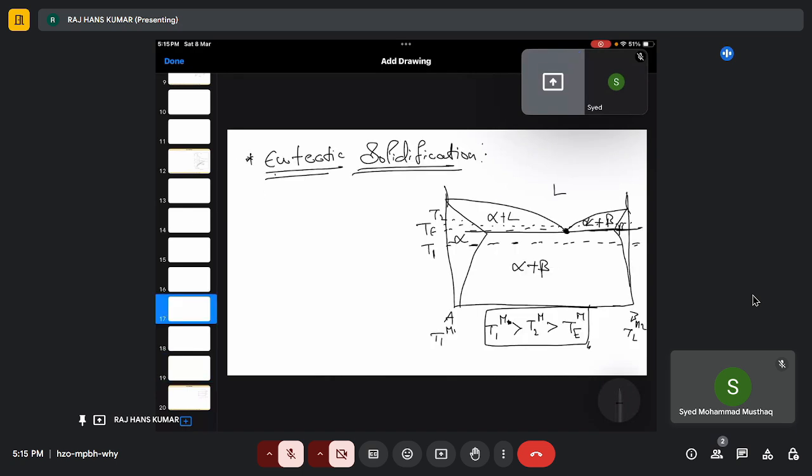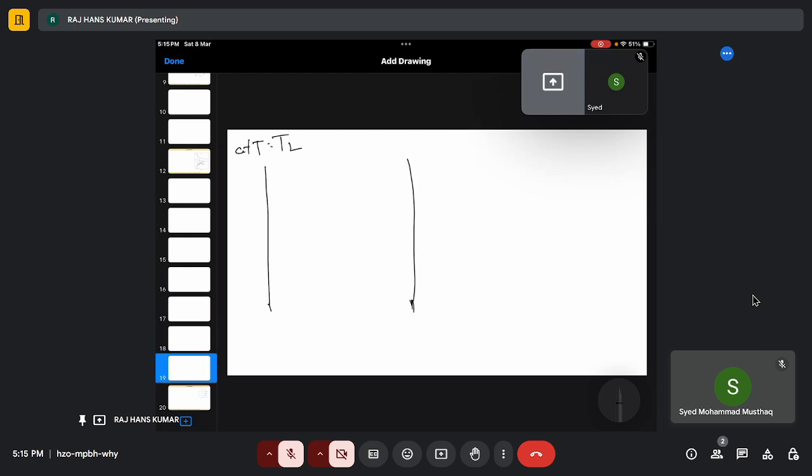What is the x here? So there are 1, 2, 3, 4, 5 regions, right? We'll start with alpha. You still have a liquid. Then you have beta. So these are my points. Let's draw it here.